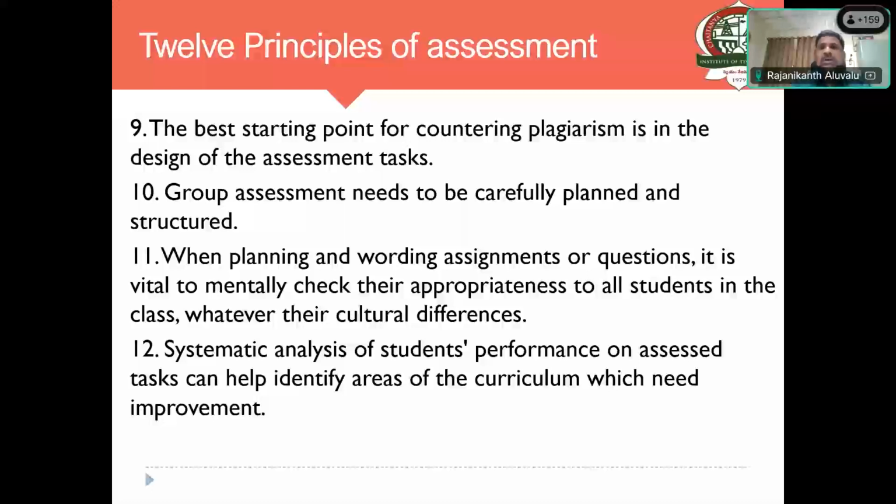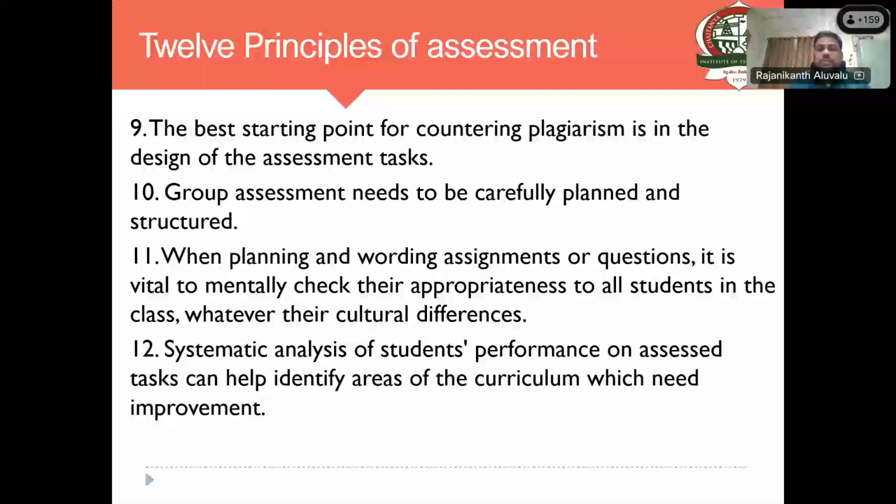So never create such ambiguity. Use simple or your course language and give clarity of what exactly you are asking. This is very much required when it comes to the 11th principle of assessment.